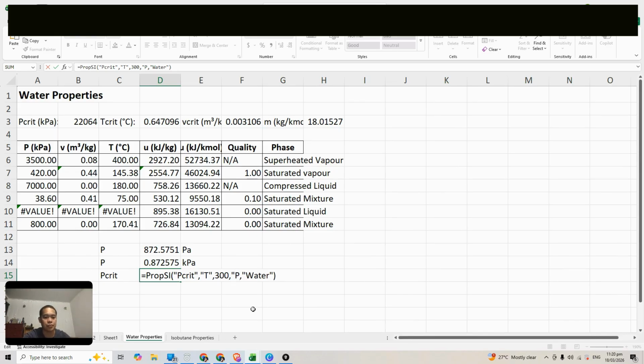So P, let's say P is given, then 101.325 Pascal is our base unit for Pascal. 101.325 comma water. So it's still executing its name. I don't know.